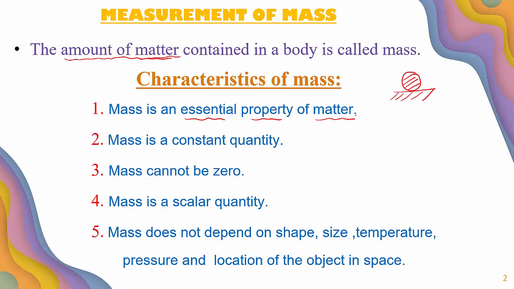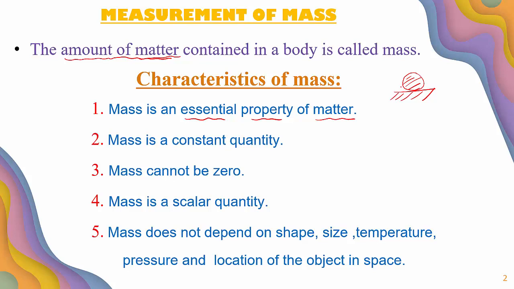So for matter, mass is very essential, because if I am going to consider an object, when we keep it on the earth surface, that object will occupy certain space. If it occupies certain space on this earth surface, then it should have certain mass, because it is just the collection of the particles. Is it clear? So, mass is an essential property of matter.